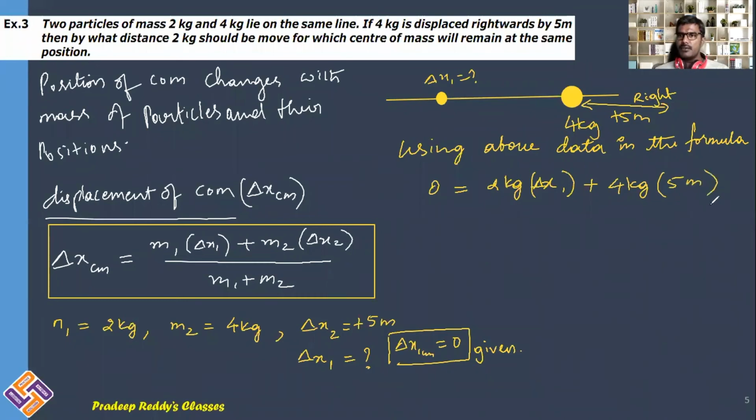If it is plus, you should take it as plus. If it is minus, you should take it as minus, divided by total mass of the system, that is 2 kg plus 4 kg.